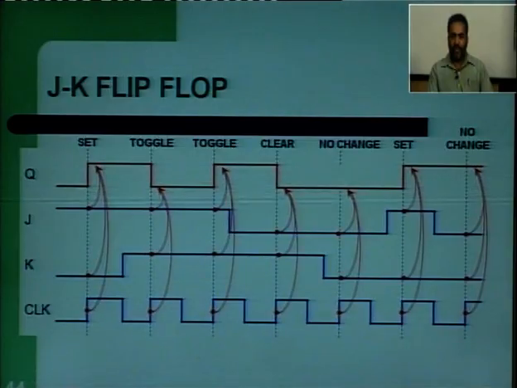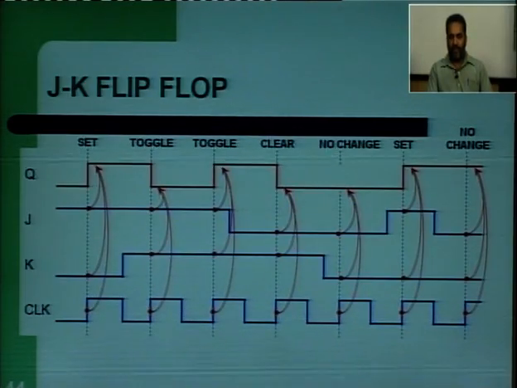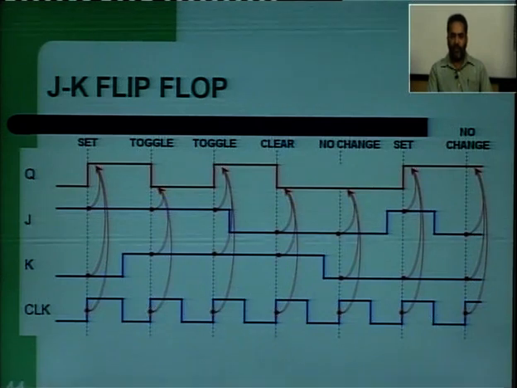At the next rising edge J is 1 and K is 0, so the flip flop again comes to set condition, and Q will change from 0 to 1 and go high. At the last rising edge both J and K are 0, so there is no change in the state. It will remain high.